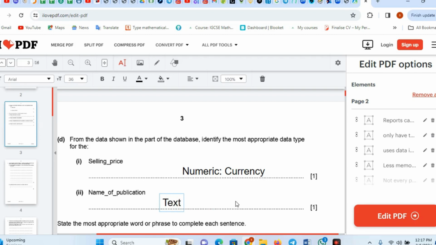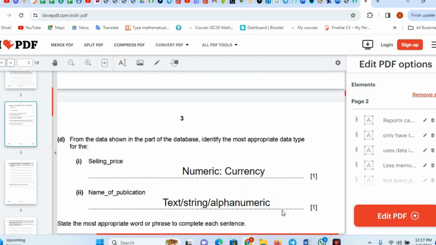Text, or you use string, or you use alphanumeric. All these words, they are the same words.